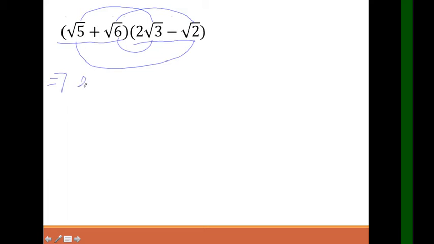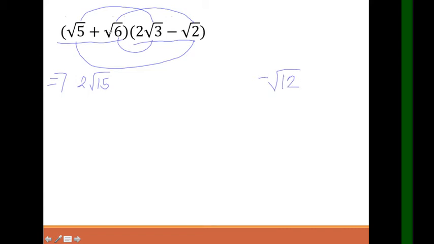So we have 2 square root of 15. Tama? Next, for the last part, no? Square root of 6 times negative square root of 2. That's negative square root of 12. Tama?